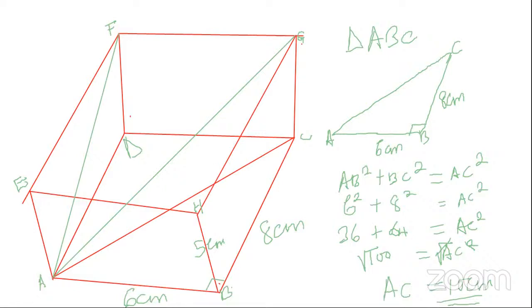So AF, how are we going to find AF? Okay, 8 squared plus 5 squared. That is great.